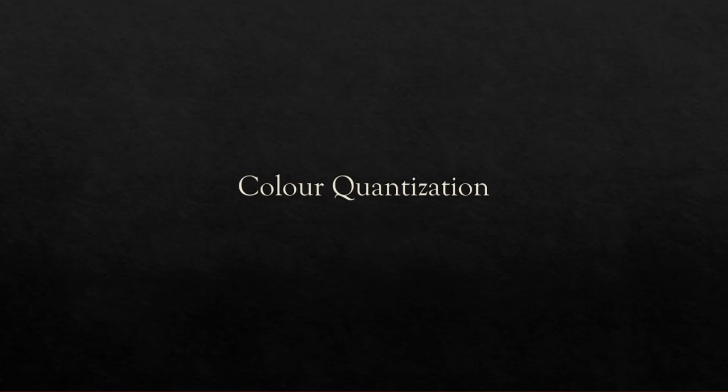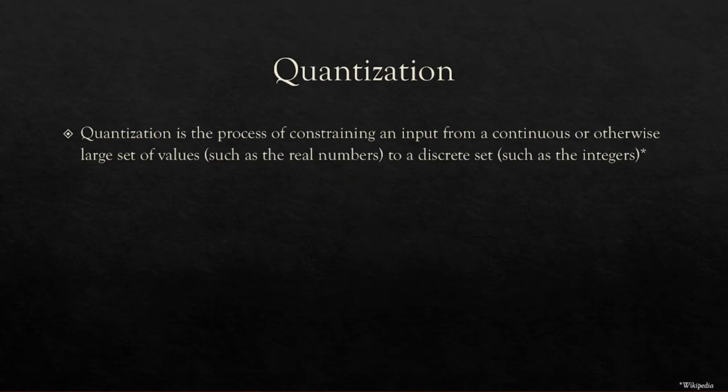This process, start to finish, is more commonly known as color quantization, or in a broader sense, just quantization. Quantization is the process of constraining an input from a continuous or otherwise large set of values, such as the real numbers, into a discrete set, such as integers. We have a large set of data, all of our pixels and their RGB values, and we want to organize them.